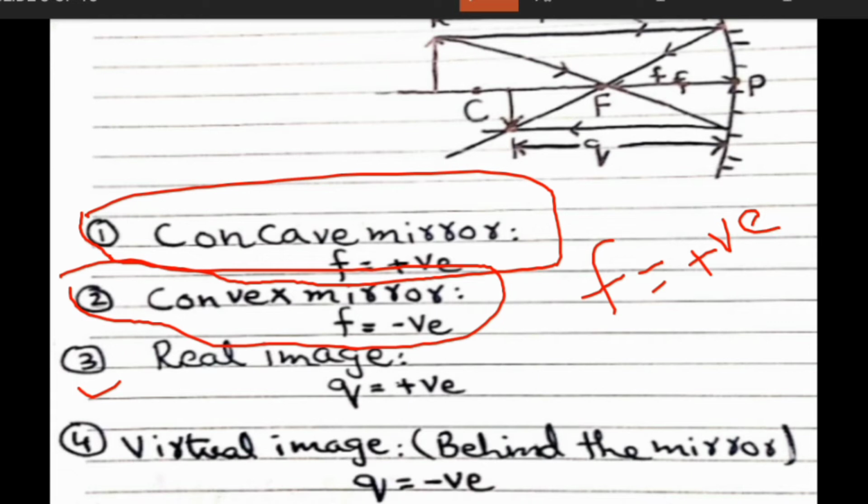Similarly, if we find the value of q as negative, then we will write the nature of the image as virtual and erect. In other words, for a real and inverted image we take q as positive, and for a virtual image we take q as negative.